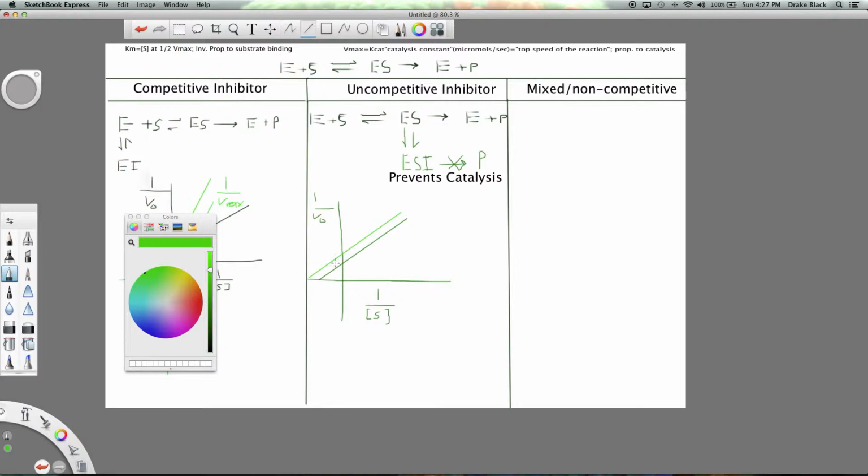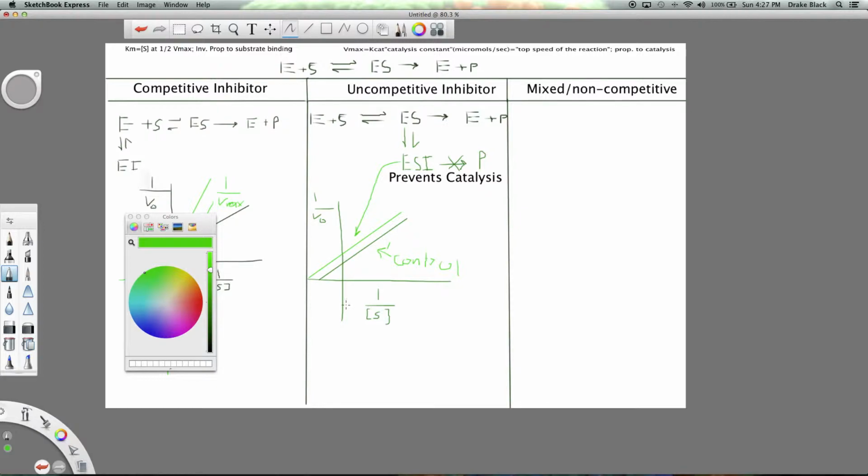With this, what happens to here, so here's the control. So here, and then this is the control. And then this one right here is the enzyme substrate inhibitor complex.